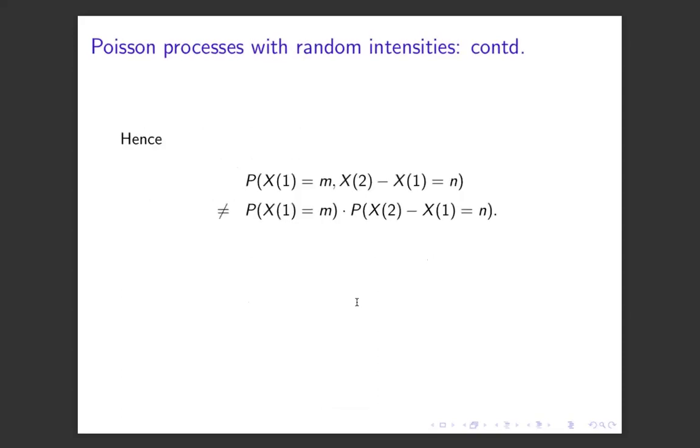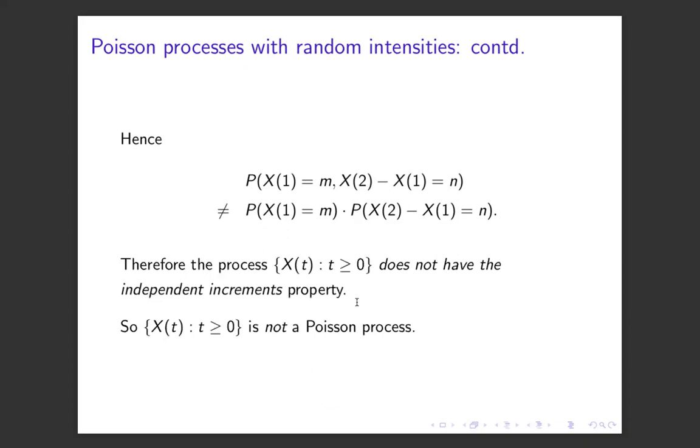So it's clear that the probability that X1 equals m and X2 minus X1 equals n is not the same as the product of the probability that X1 equals m and the probability that X2 minus X1 equals n. So this process does not have the independent increments property.